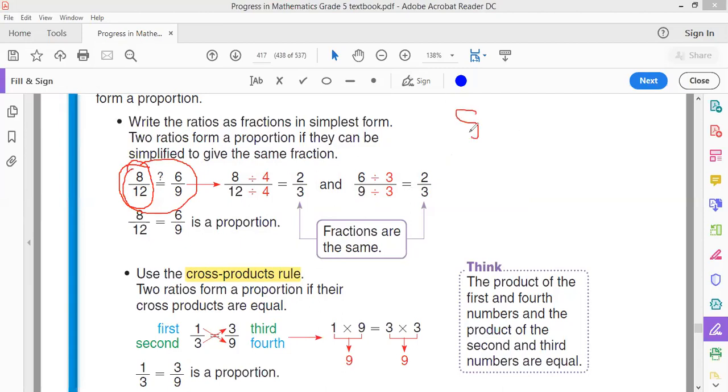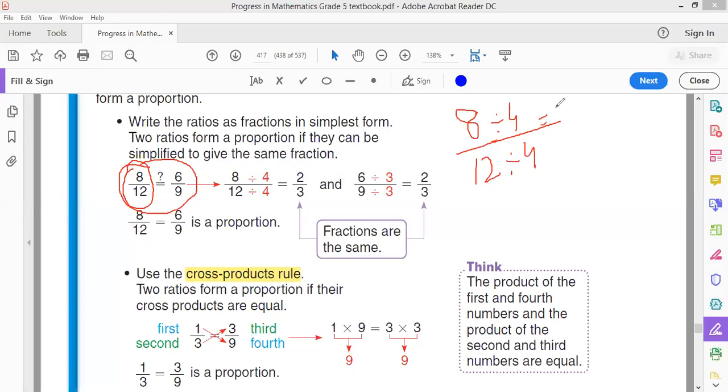I'm writing here 8 over 12. How can you change it? Dividing by what? 4. Dividing by 4.